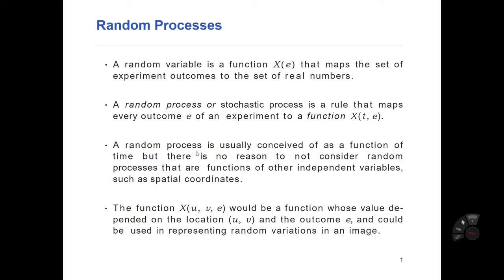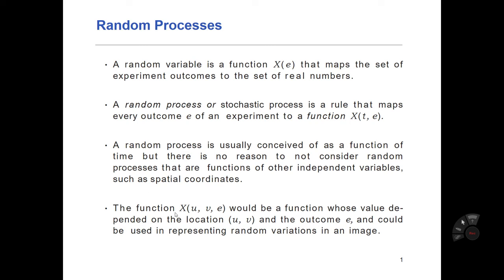A random process is usually conceived of as a function of time, but there is no reason not to consider random processes that are functions of other independent variables such as spatial coordinates, but we usually use time because it is time dependent.